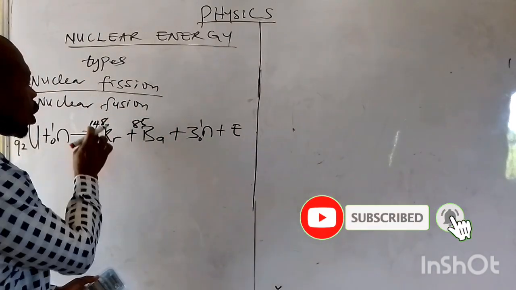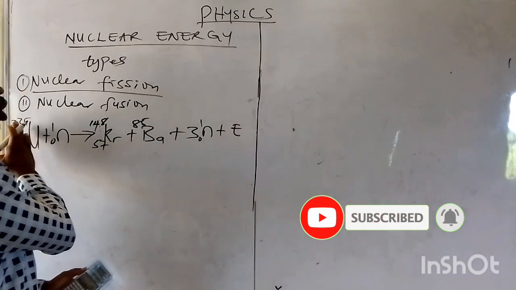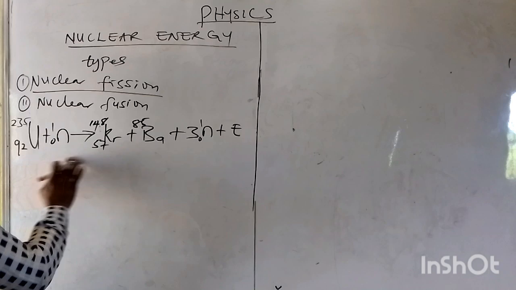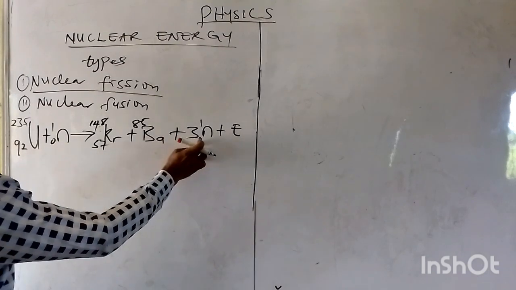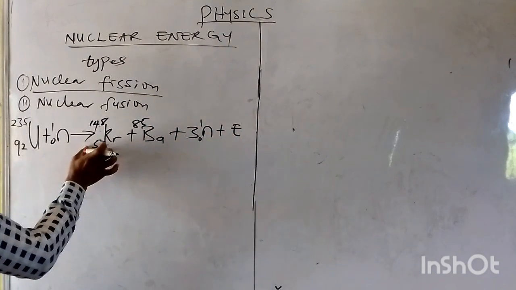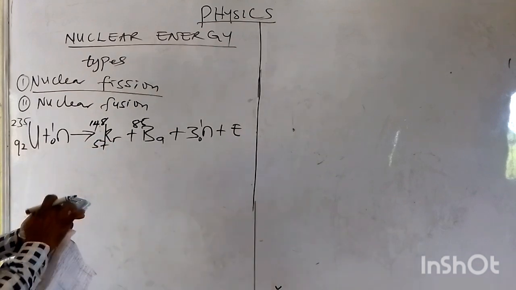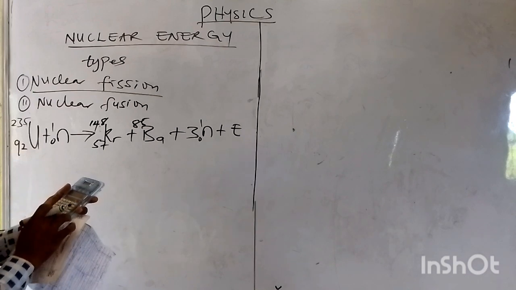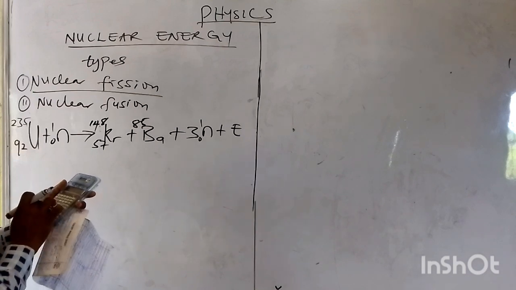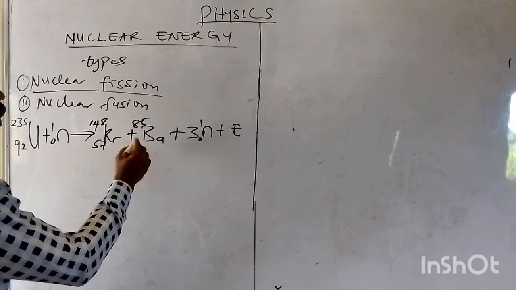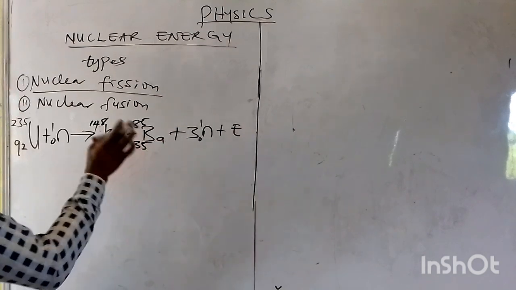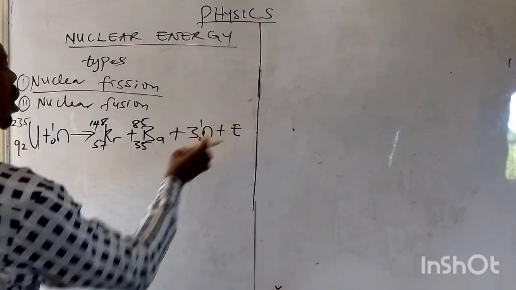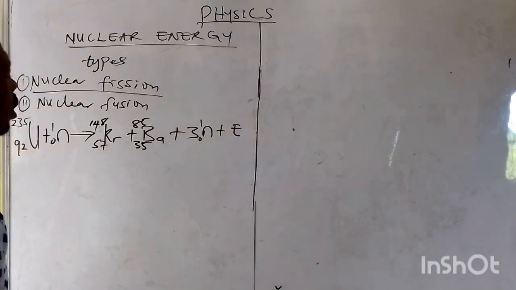So in other words, this plus this will give us 236, which is here. Now on this side, this is 3 times 0 is 0. Now I have 57 here already. So 92 here minus 57, the remaining will now be this, and of course it corresponds with the atomic number of barium. And this is our energy released.